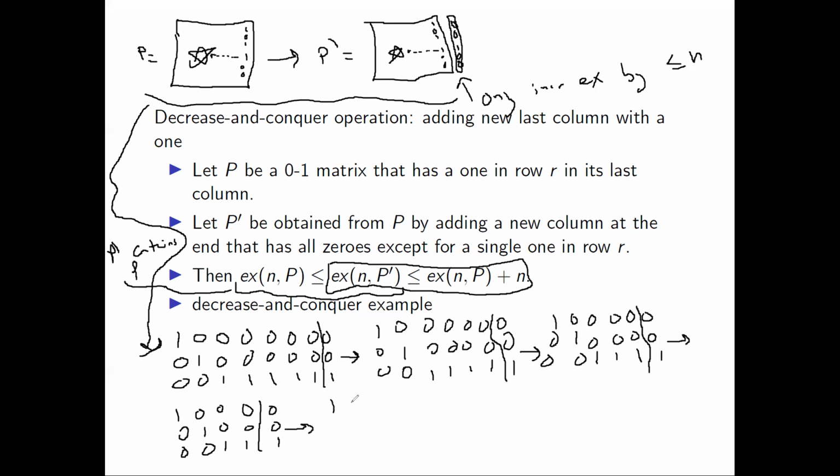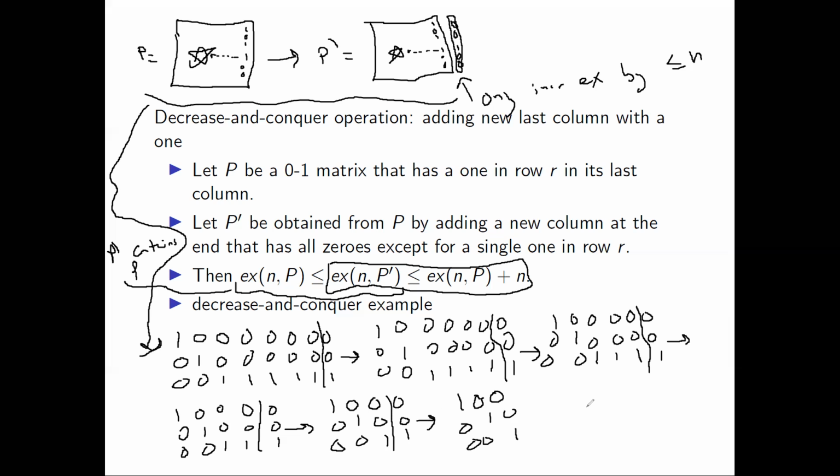We're getting pretty close to the point where we can use a bound that we already proved in the last video. One more column to cut off. And now we arrive at the 3x3 identity matrix.